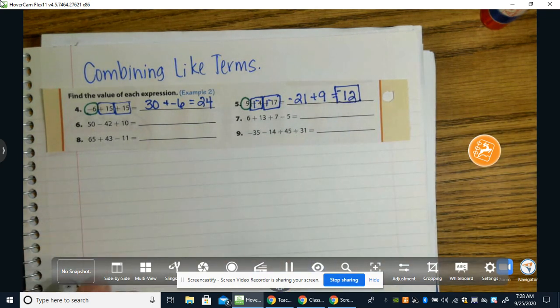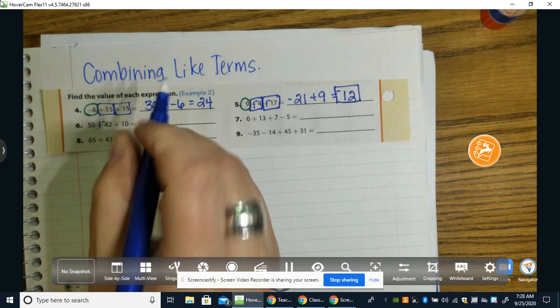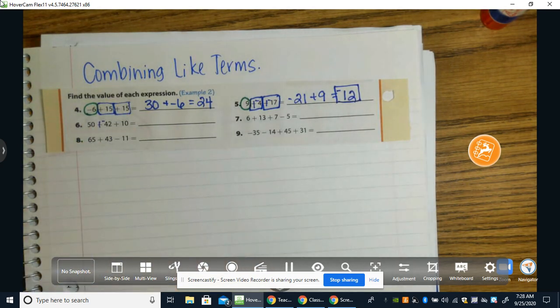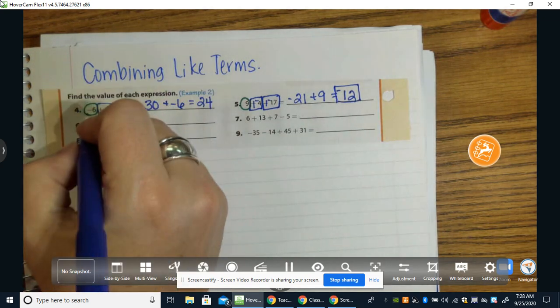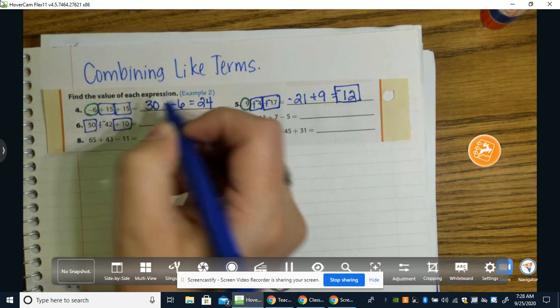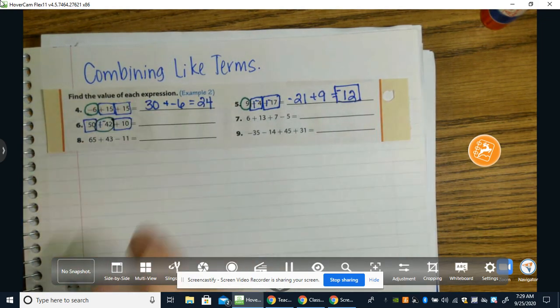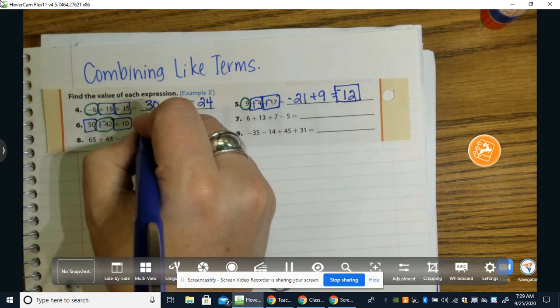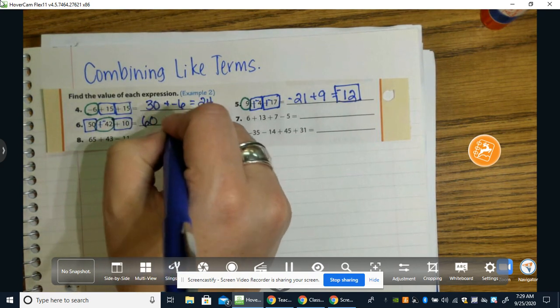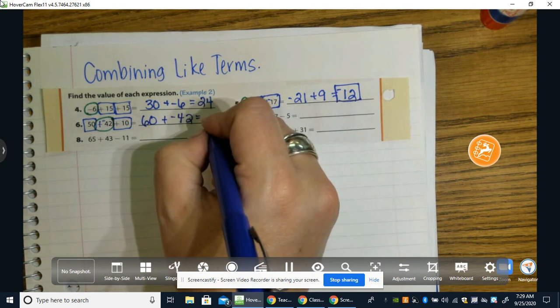All right, looking down here at the bottom, I am going to do plus a negative right there. So I have a 50, and I have a plus 10, and then I have a -42. All right, 50 plus 10 gives me 60, plus a -42 gives me 18.